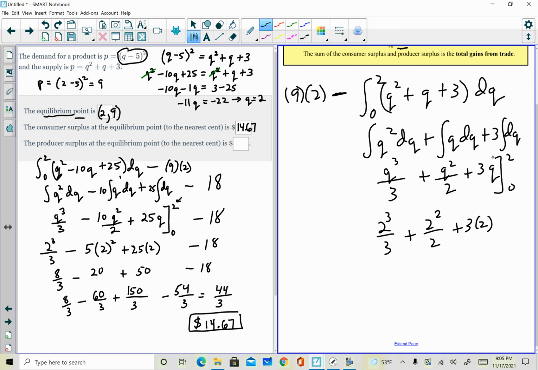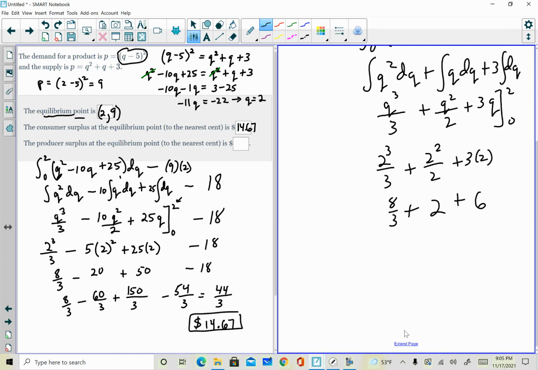So don't have to write that. 2 to the third is 8, so 8 thirds plus 2 squared is 4, but 4 divided by 2 is 2, plus 6. Let's make all of these thirds. 8 thirds plus 2 is the same as 6 thirds, and 6 is 18 thirds. 8 plus 6 plus 18 is 32. So this is 32 thirds.